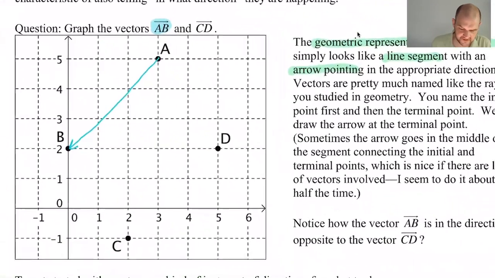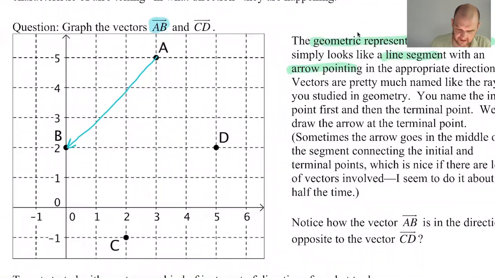We also need the vector from C to D. So C to D, I will use this color. And so we're going to start at C, and then end at D. Now, if you have a lot of vectors that are pointing at the same thing, so for example, you might have a lot of vectors that are ending at D, it can get confusing and jumbled because they all have these arrowheads there.